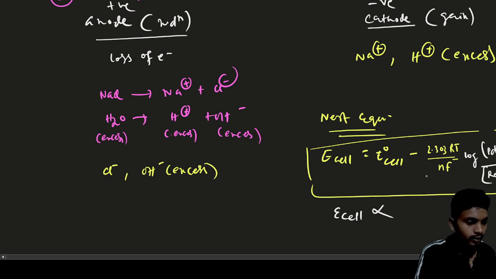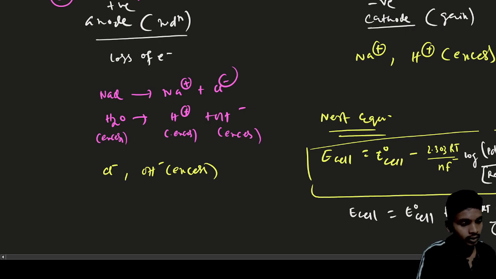If we want to make the cell potential positive, E cell equals E naught cell plus 2.303 RT by nF times the log of the concentration of reactants divided by the concentration of products.